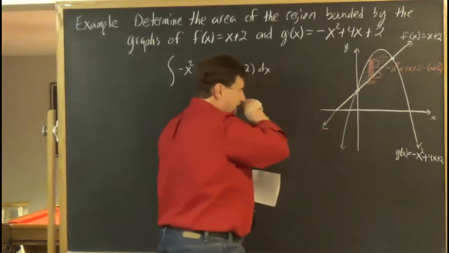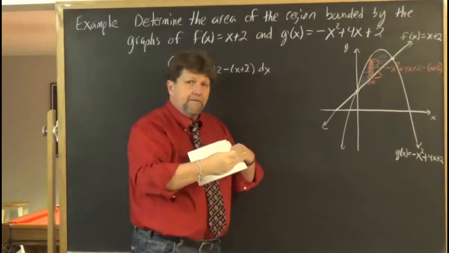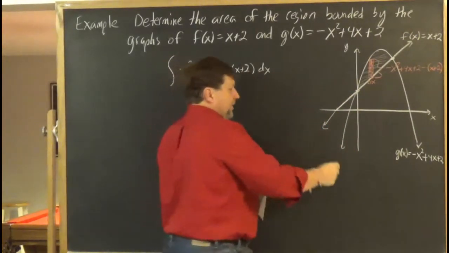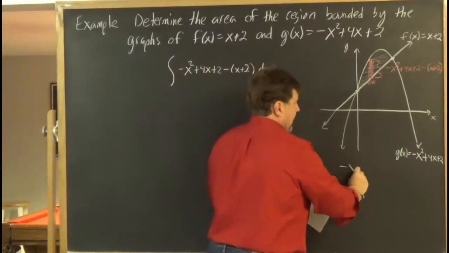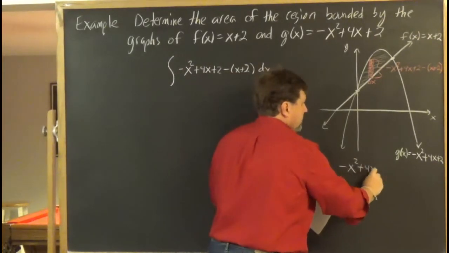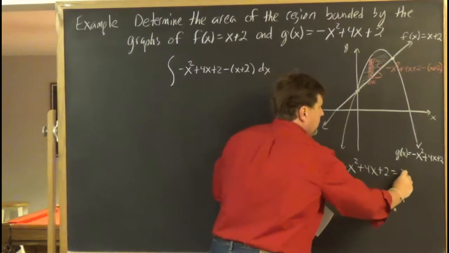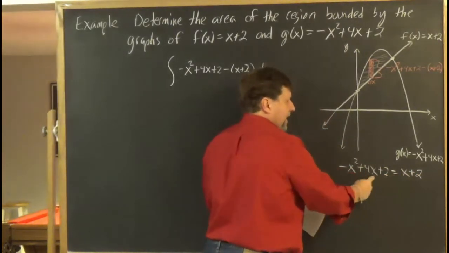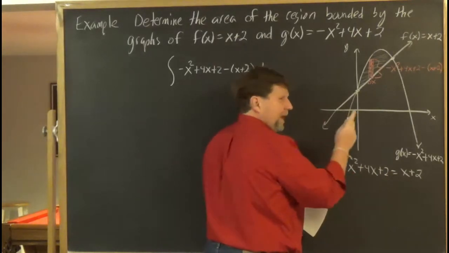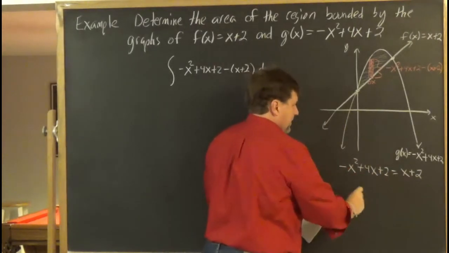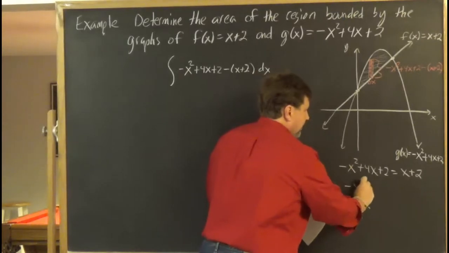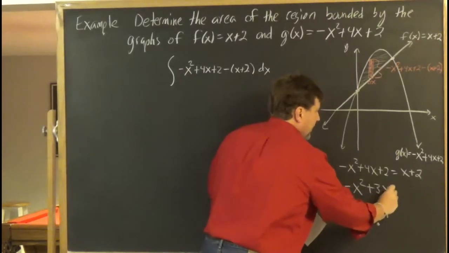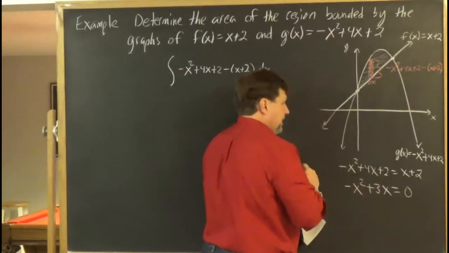Remember, to find points of intersection, we just set the functions equal to each other. So we just take negative x squared plus 4x plus 2 equals x plus 2. Okay, I would subtract x from both sides of the equation, and I would subtract 2 from both sides of the equation to get negative x squared plus 3x equals 0.